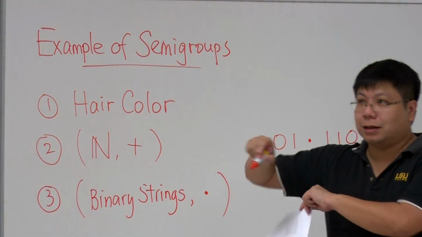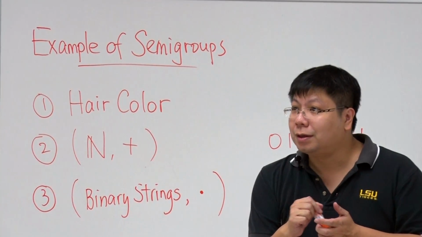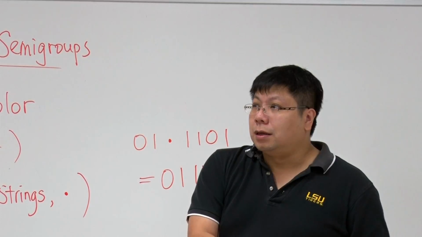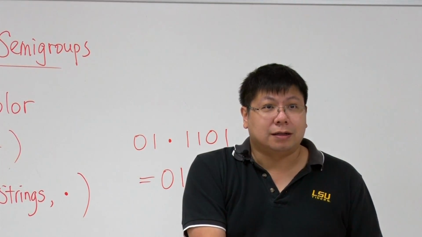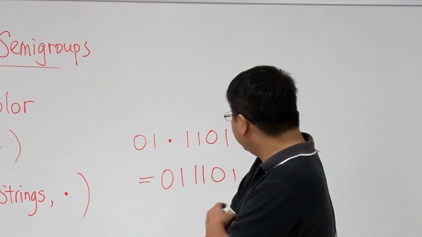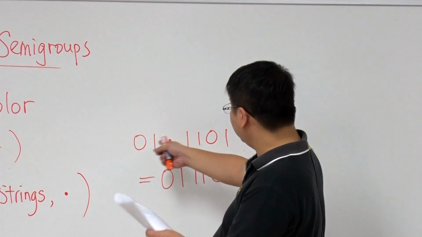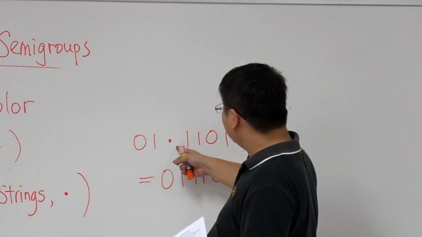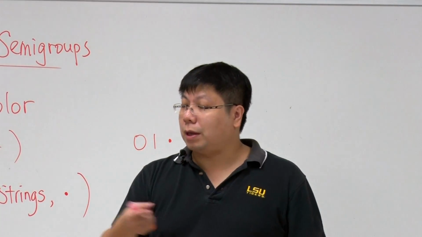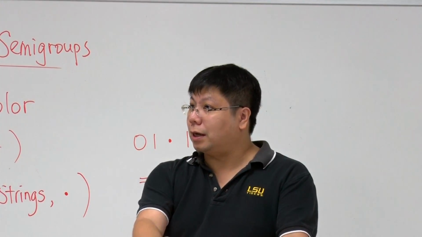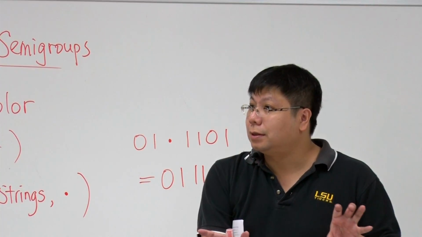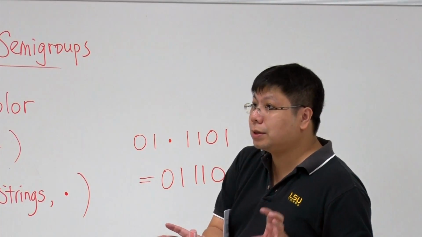So you glue them up in order. If you glue two binary strings together, it is going to be a binary string. If you have three strings A, B, C, you can glue A, B first and then glue C, or glue B, C first and then glue A at the front. You get the same result, so this is associative.